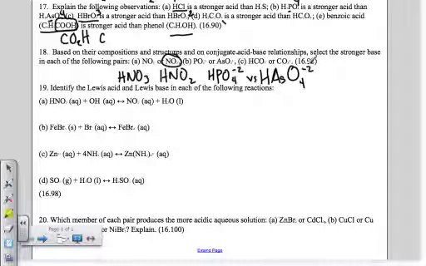If you look up the K, and it would be Ka3s, because these are both triprotic acids. If you look up the Ka3s for each of these, the Ka3 for this species is larger, so that makes this weaker. This is the stronger base.